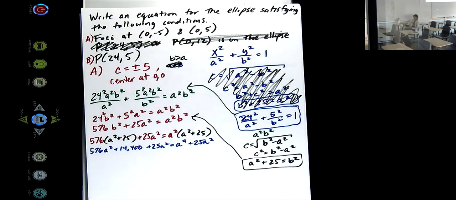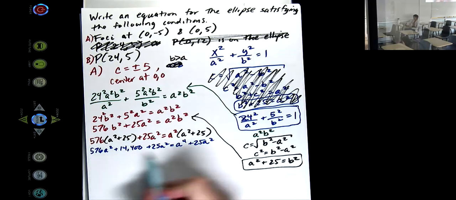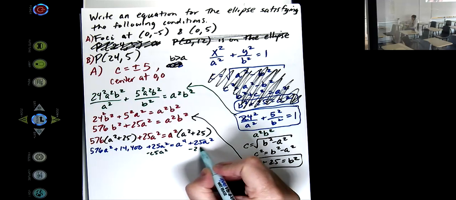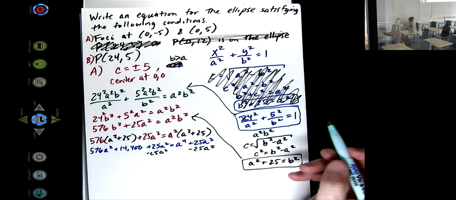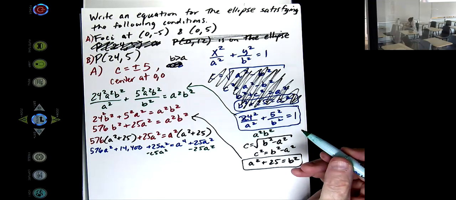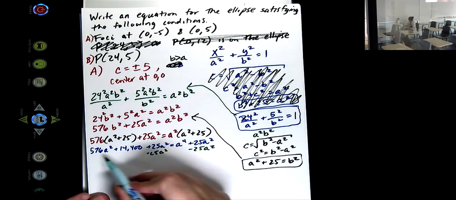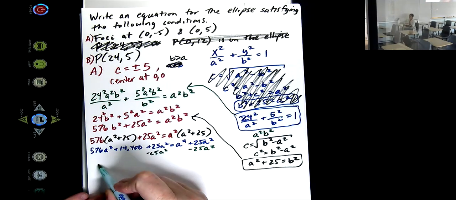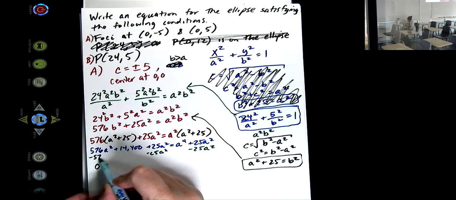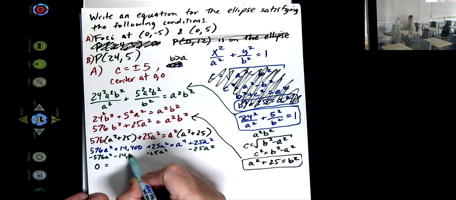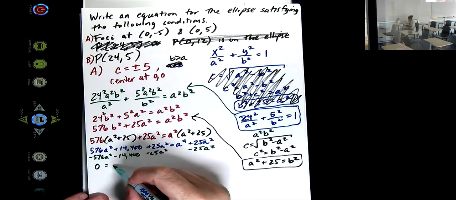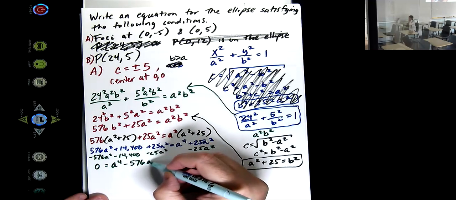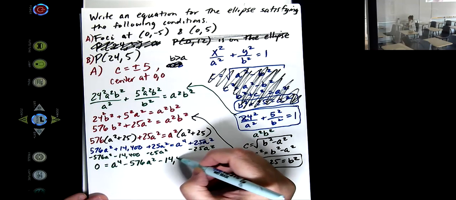I was going to combine these two, but I've got 25 a squared on both sides, so those are going to wipe out. And I'm going to subtract everything so it's on the right. If I subtract the 576 a squared and the 14,400 over to the right, I have a to the fourth minus 576 a squared minus 14,400.